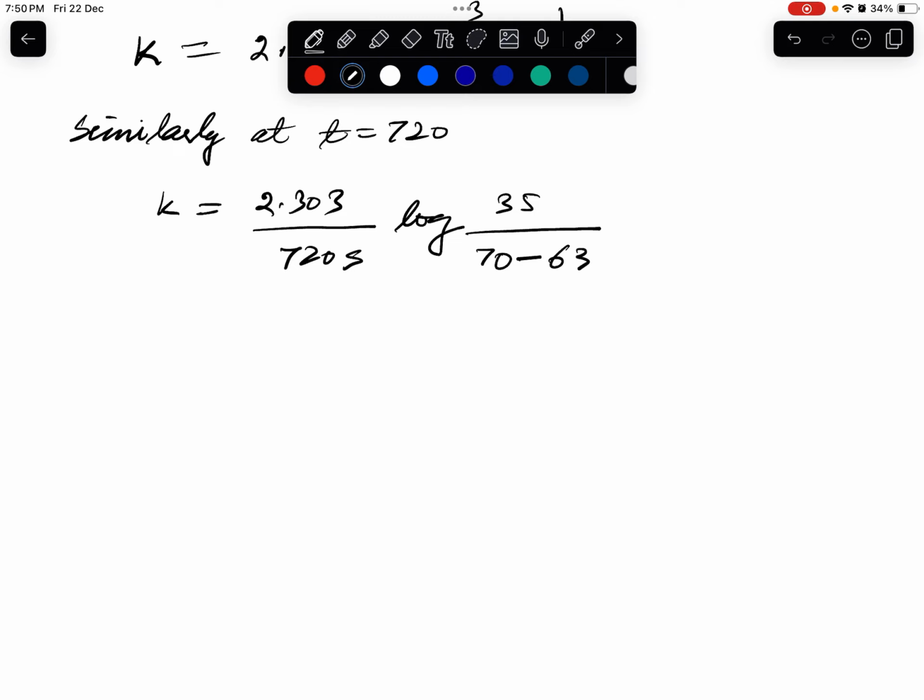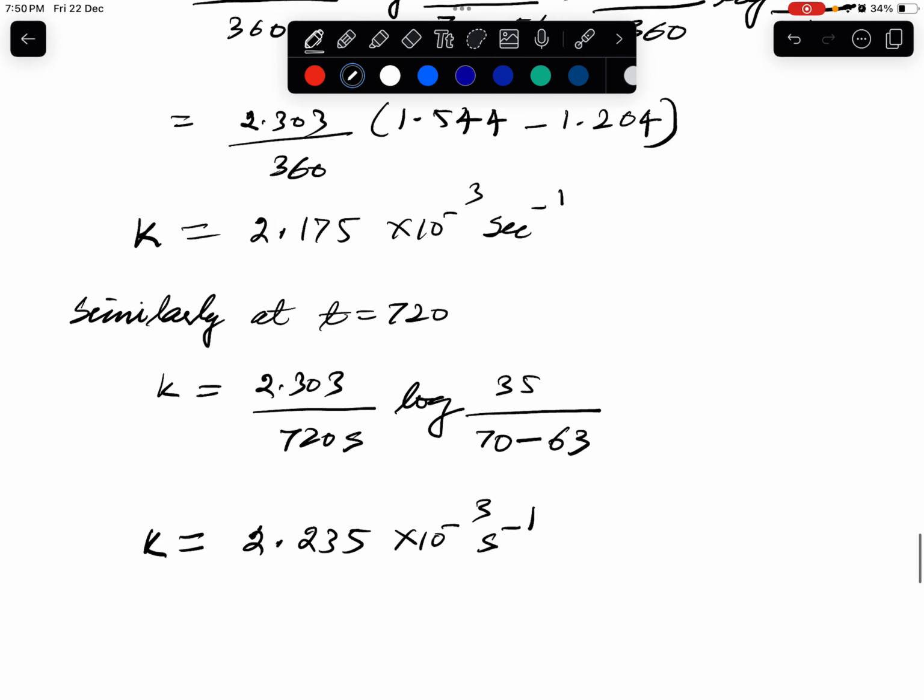After calculation and simplification, we will be getting K equal to 2.235 into 10 raised to the power minus 3 per second. So this is the second value. This is the first value, and here is the second value.